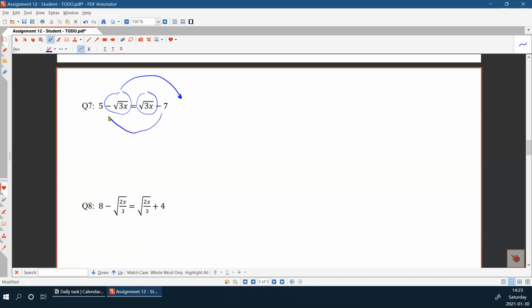And put minus 7 to the left-hand side of the equation. So this gives you 5 plus 7 equals square root 3x plus square root 3x. Okay, this means 12 equals twice of square root 3x, right?